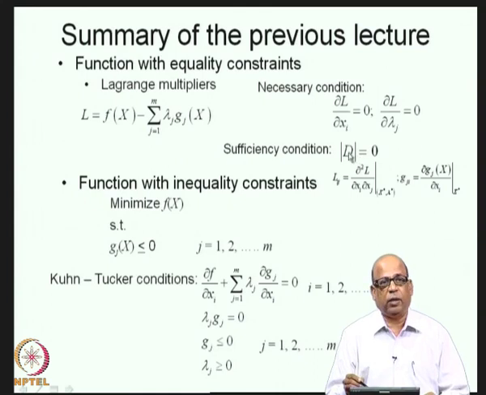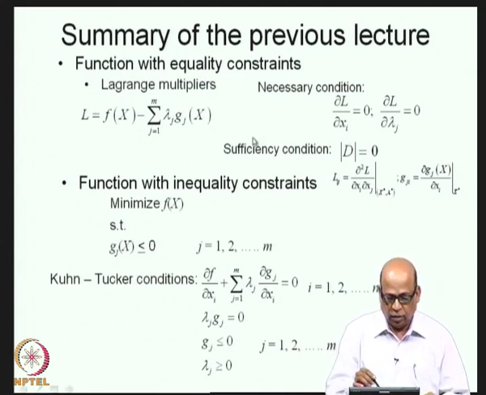Using these, we formulated the determinant and equated the determinant to 0, and you get a polynomial of order n minus m for z, which is a variable in the determinant D. Solve for z. If all the values of z are positive, then the point x star, lambda star corresponds to a minimum. If all the values of z are negative, the point x star, lambda star corresponds to a maximum. So, this is what we did in the Lagrange multiplier method.